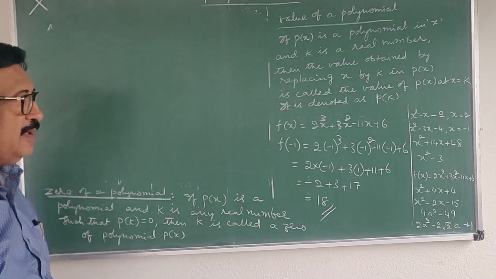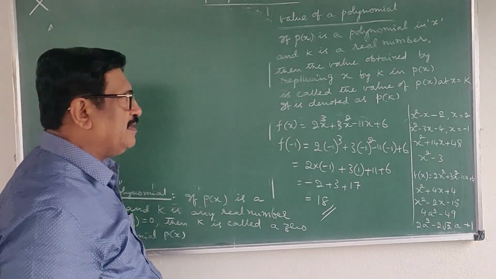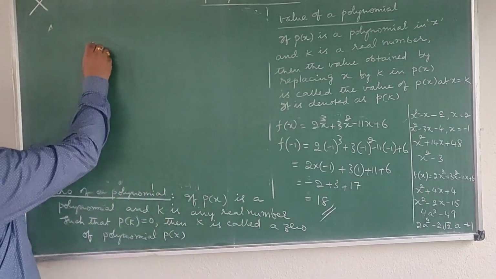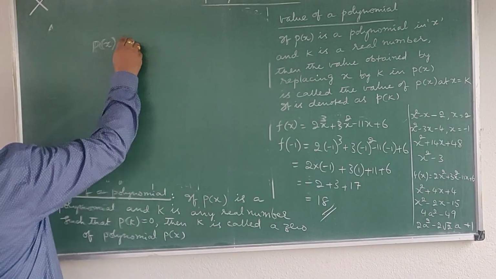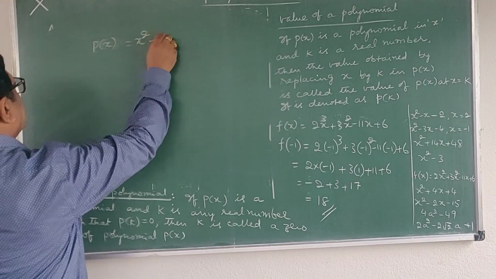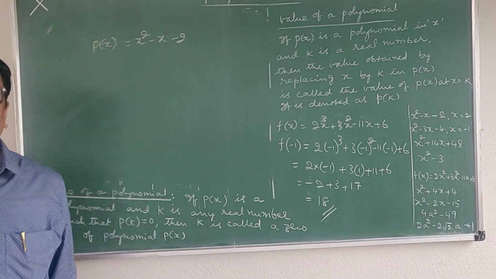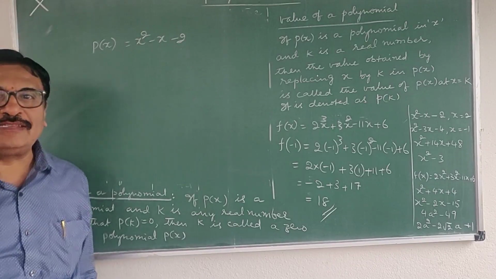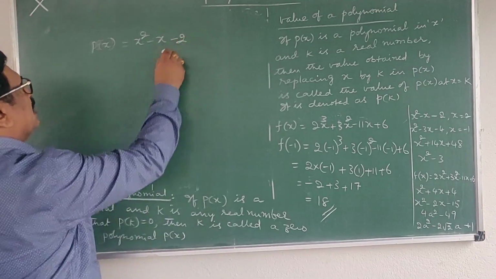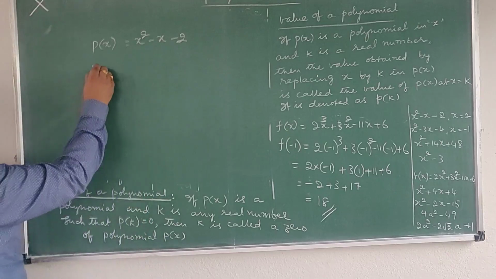Now take for example, we shall have an example like this. I write p of x is equal to x square minus x minus 2. Now substitute for x 2.